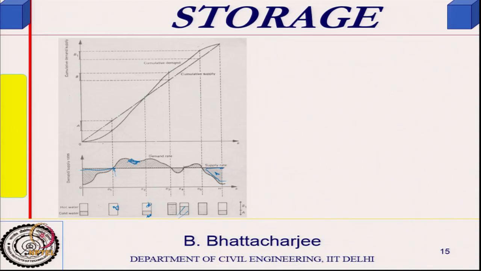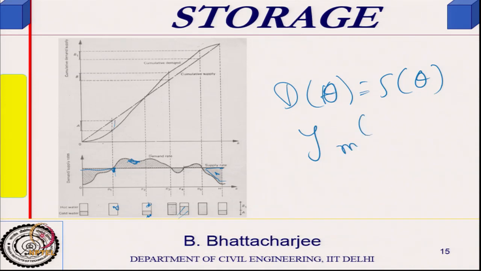Now, these are the cumulative curves. If you look at this point, as I said, when d theta is equal to s theta, that is where the difference is maximum, y theta max or min, whatever it is. When they are equal, this difference is maximum.